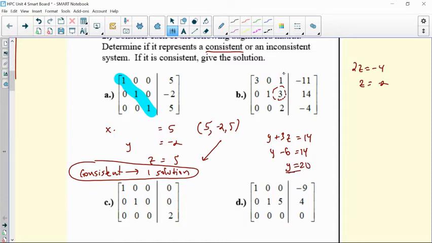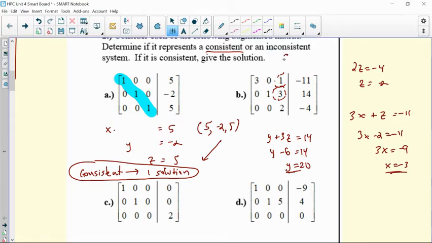And then again, right here, if z is equal to -2, then this row right there tells me that 3x plus z is equal to -11. And again, if z is -2 and I solve, I would get x is equal to -3. So again, this is a consistent system.